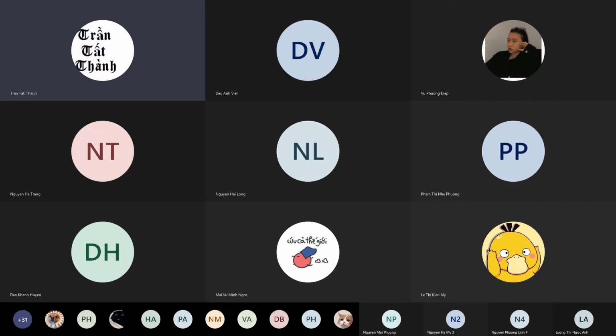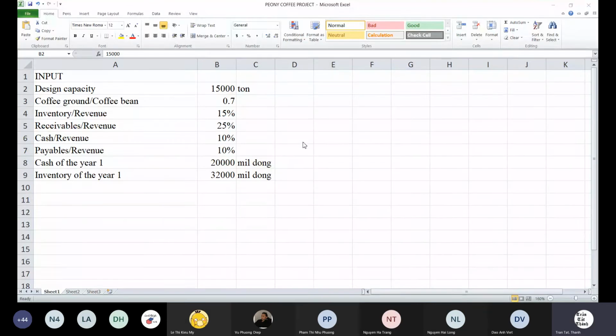Now let's continue. The first part of the input has been done. The second part is going to be fixed assets. Continue with fixed assets.